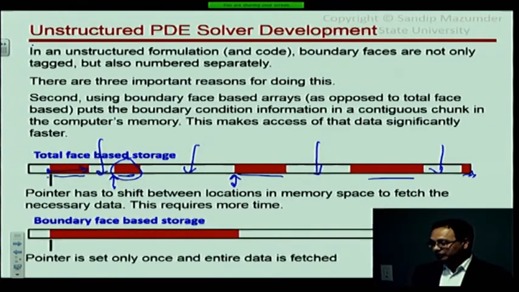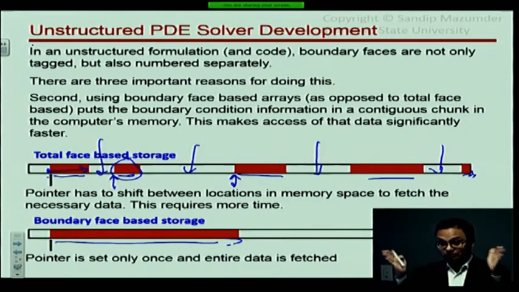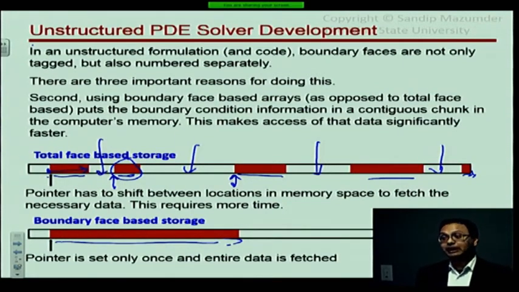If you do boundary face-based storage, the entire data is contiguous. It's much smaller, first of all, and then it's in one chunk. So you set the pointer, it gets the entire boundary condition information of all the boundary faces in one shot, and you have it. That's it. So this is a computer science issue, but it dramatically affects the speed of your computation.